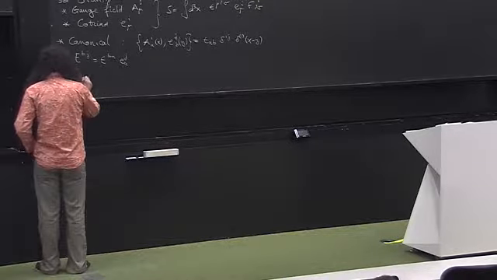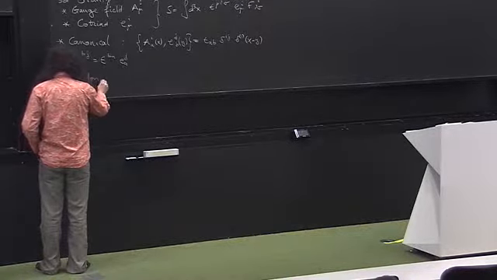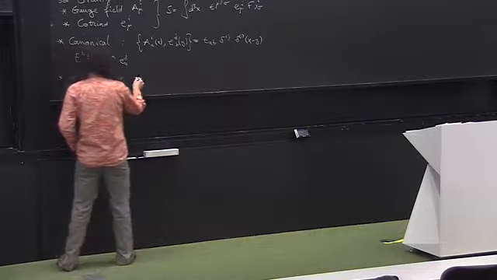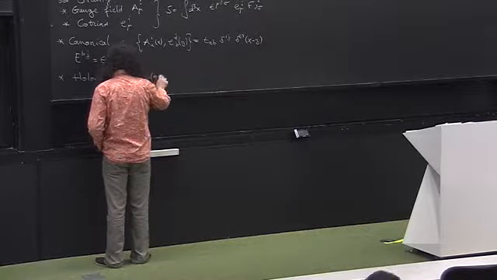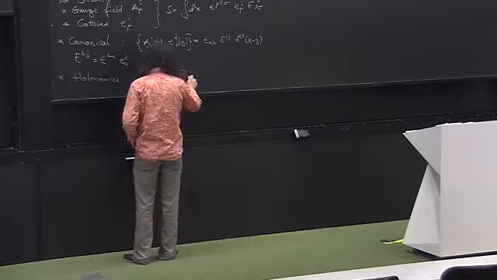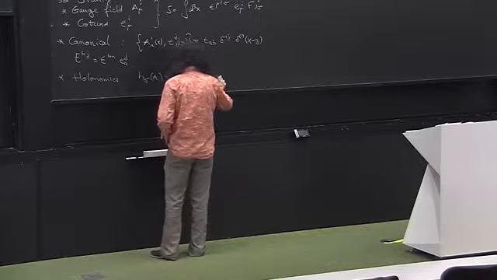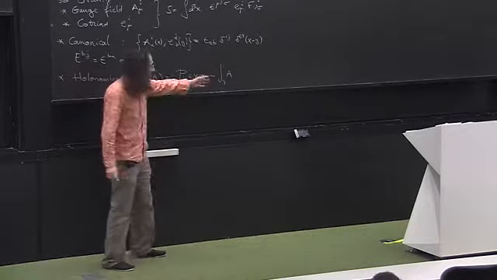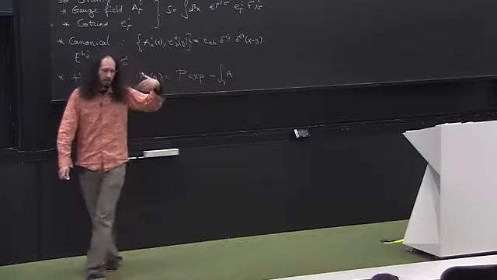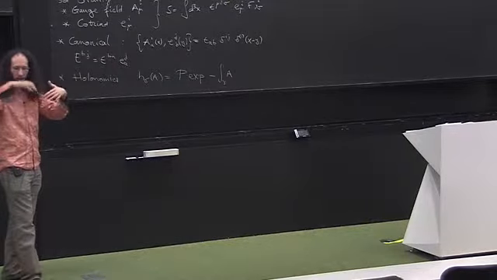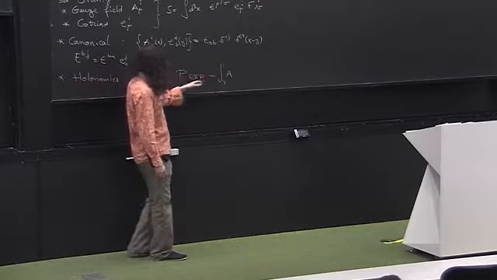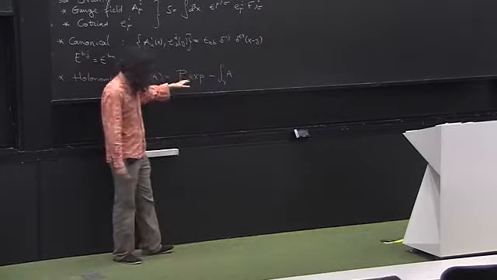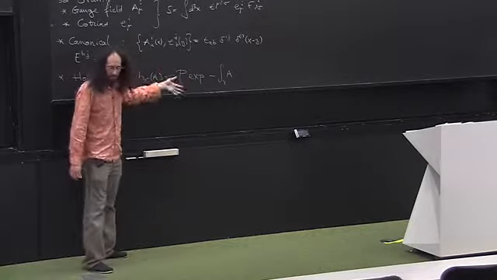So you probably introduced the holonomies, which are, let's write them h_γ(A). It's the path-ordered exponential of minus the integral of A along γ. A is a one-form, so you can integrate it naturally on a one-dimensional curve, on a path γ. And then you take the exponential, but because it's non-abelian, you have to take a path-ordered exponential. That's a detail, basically.